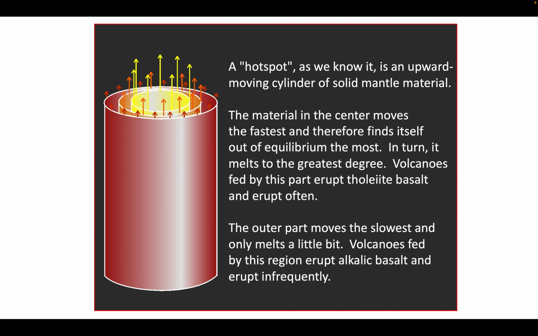Volcanoes fed by this part erupt tholeiitic basalt and erupt often. The outer part moves the slowest and only melts a little bit. Volcanoes fed by this eruption region erupt alkalic basalt and erupt infrequently. Tholeiitic rock types tend to be more enriched in iron and less enriched in aluminum than calc-alkaline rock types.